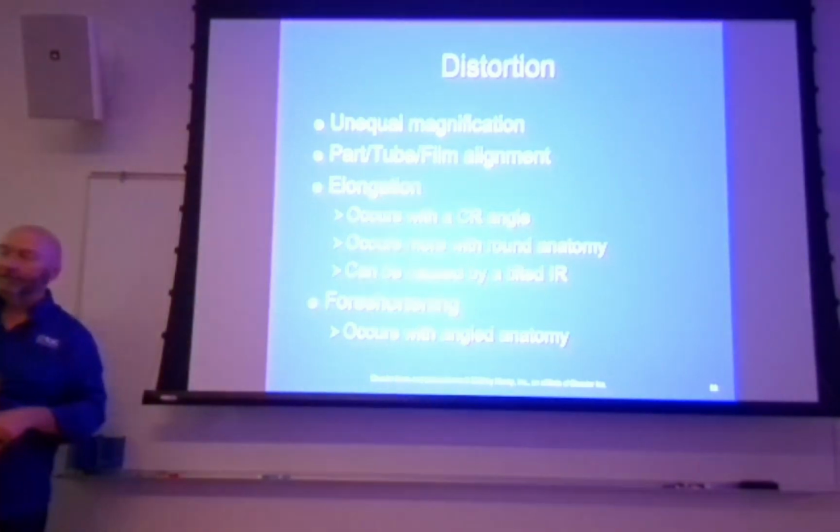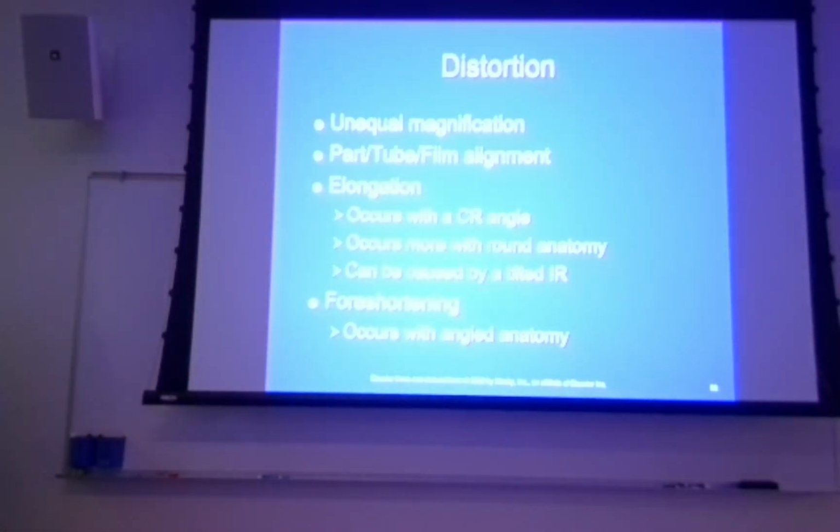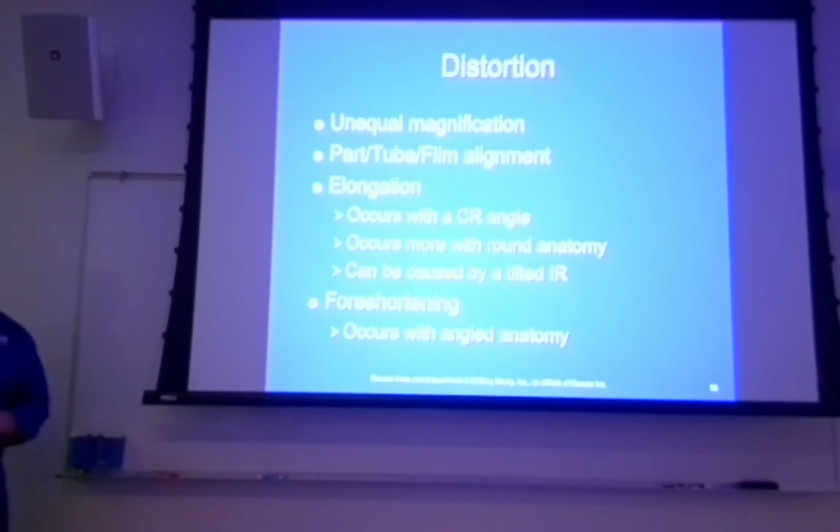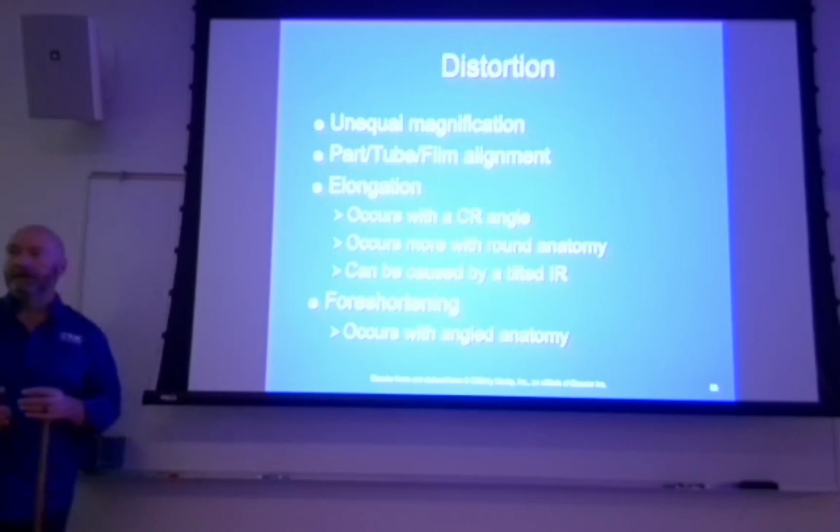So central ray, image receptor, we've got elongation. Where we have angulation of the anatomy, we have foreshortening. Both are unequal magnification. All right, so on your task questions, if it asks about unequal magnification, it's going to be foreshortening, it's going to be elongation, it's going to be a question about distortion.